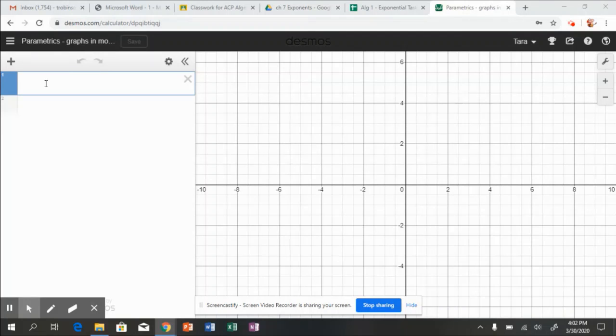So you're not actually going to see the graph, you're going to see the motion happening for two different parametrics at the same time, so you can see the difference. I'm actually using problems from your homework. I'm going to put number 9 and number 15 on the same graph so you can see how they move at different times and different places.